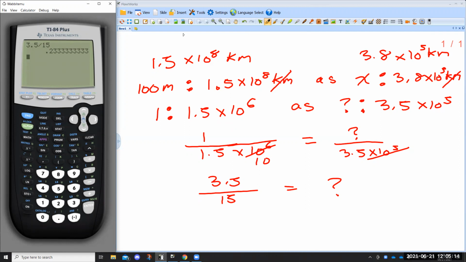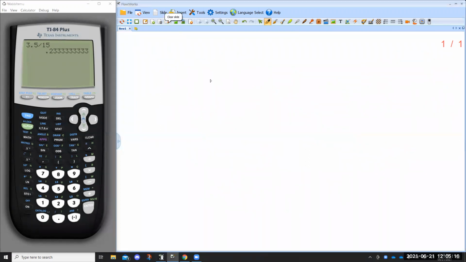I lost track of some decimals. Let's try this again. Sorry. So we're going to find the ratio of these two things.